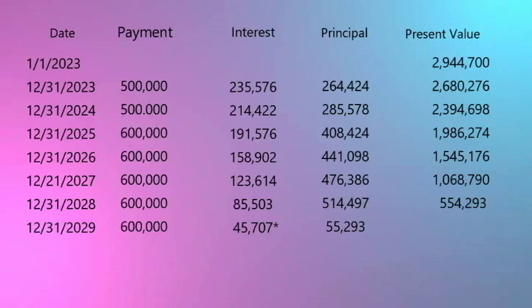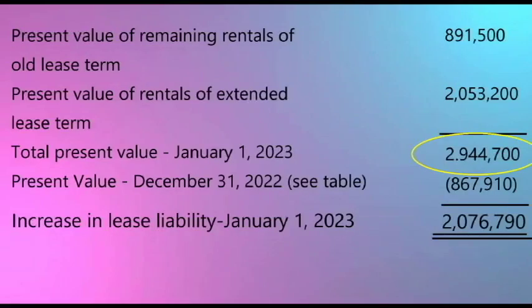So, mapapansin sa table of amortization is nag-start tayo ng January 1, 2023. Kasi nga, doon nagkaroon ng remeasurement. So, kukunin natin yung present value nun na nakuha natin sa pamamagitan ng pag-a-add ng present value of remaining rentals of old lease term at present value of rentals of extended lease term, which is total of 2,944,700.